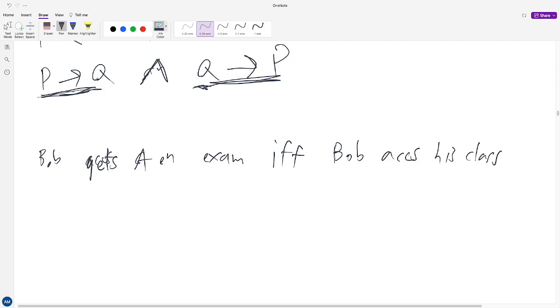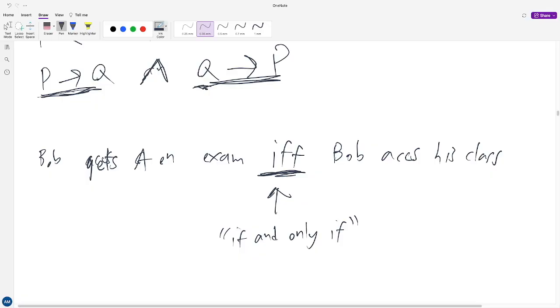And as you can see here, I wrote this IFF. This is just shorthand for if and only if.